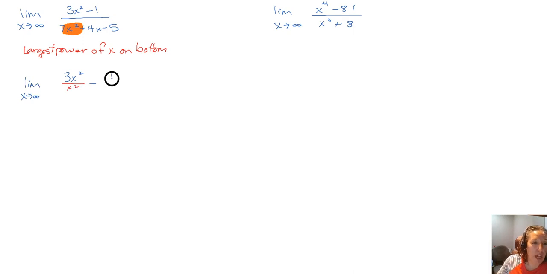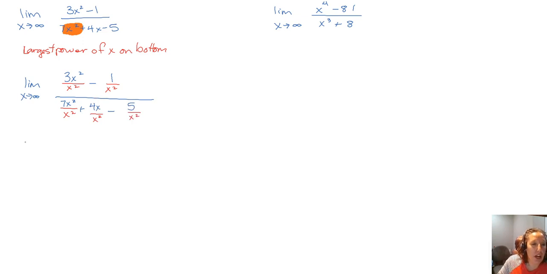What we do to one piece, we have to do to everything. So we're going to divide every term by that biggest power of x in the denominator. And then simplify each of those little mini fractions.